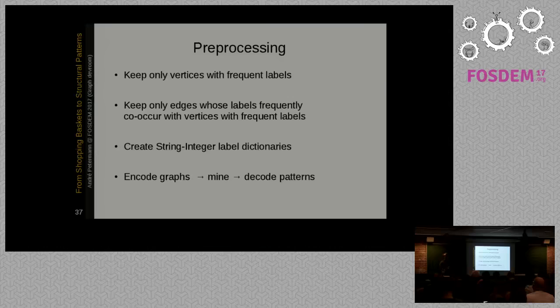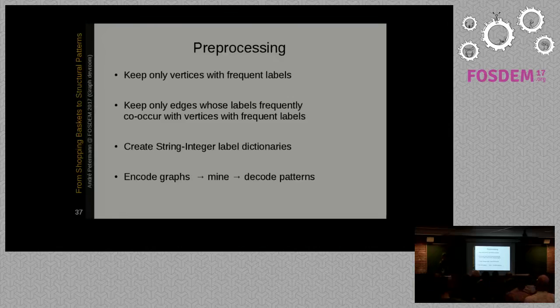And we can also drop all the edges with infrequent labels. Based on these steps, we have the frequencies and all the labels, so we can reduce them to create dictionaries between strings and integers. And because frequent subgraph mining contains a lot of comparison, equality, hashcode building, whatever, it's much more efficient to use integer labels instead of strings.